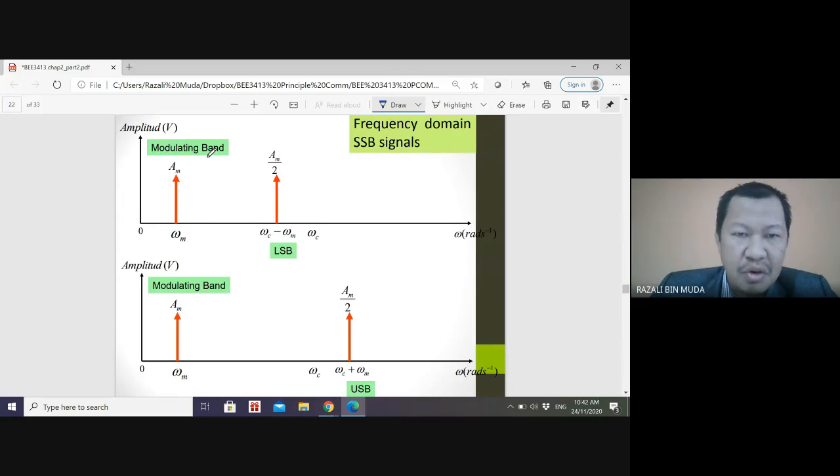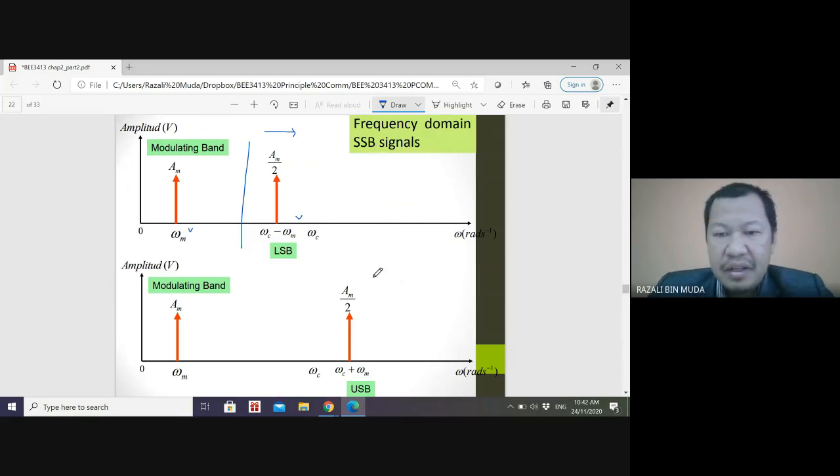This is the modulating signal at omega M, and this is the lower sideband signal at omega C minus omega M. Now, in a single sideband signal, you only have this part. Without this, you don't send this signal. So we are discussing about this.